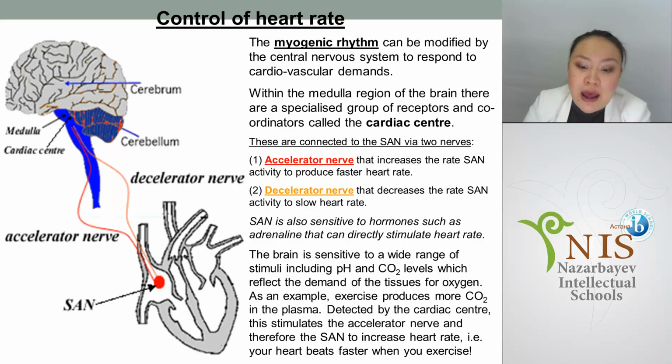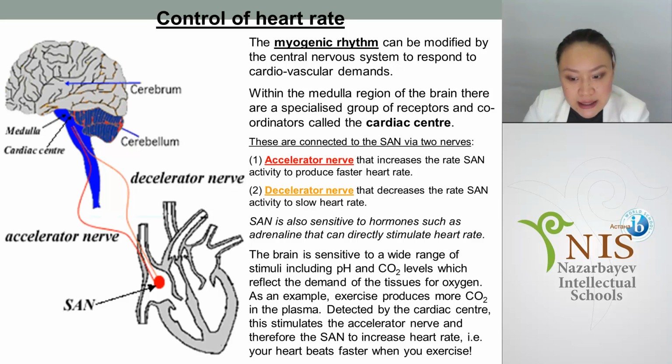The first one is the accelerator nerve, and the second one is the decelerator nerve. The accelerator nerve increases the rate of SAN activity to produce a faster heart rate. The decelerator works vice versa: it will decrease the rate of SAN activity to slow the heart rate.